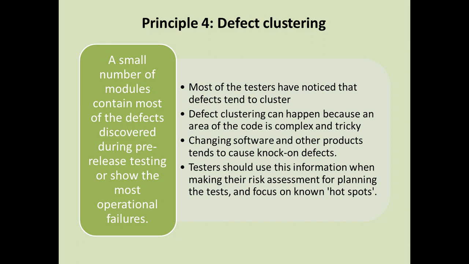Then, changing software and other products tends to cause knock-on defects. This is also seen in software: whenever you change software or fix some defects, it causes knock-on defects, causing more defects around the area. So that's another cause of defect clustering.